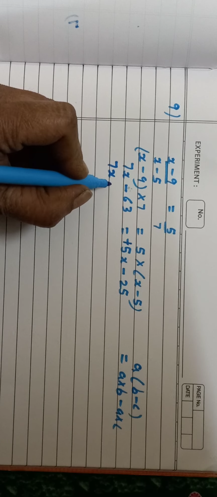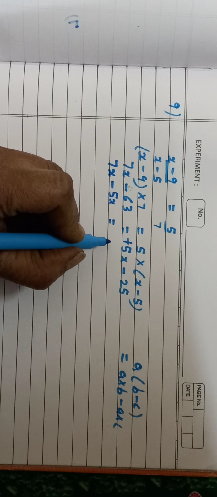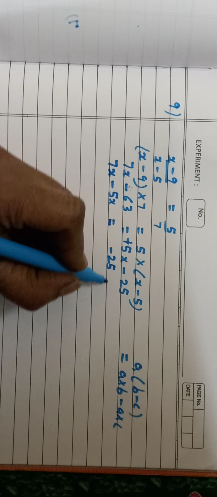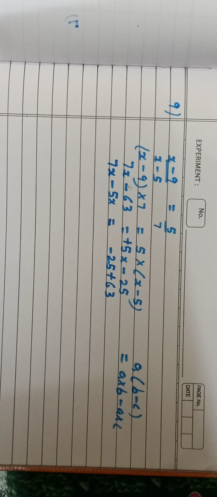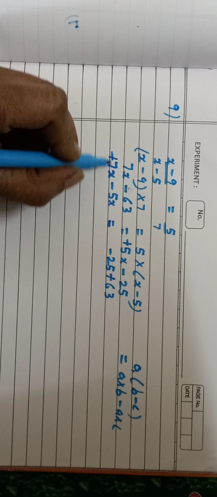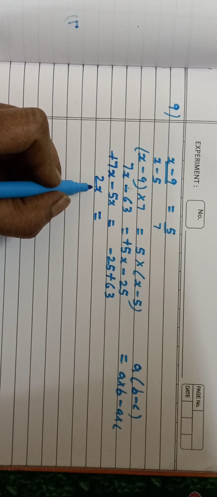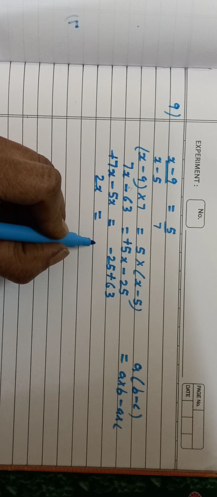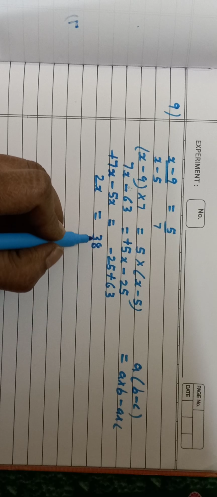So plus 5x will become minus 5x, which is equal to, now minus 25 minus 63, you take it to RHS, you will get plus 63. So 7x minus 5x, here no sign means plus, different sign, subtract, put the sign of greater number, you will get 2x, and minus 25 plus 63 will be 38. You should do subtraction and put the sign of greater number.